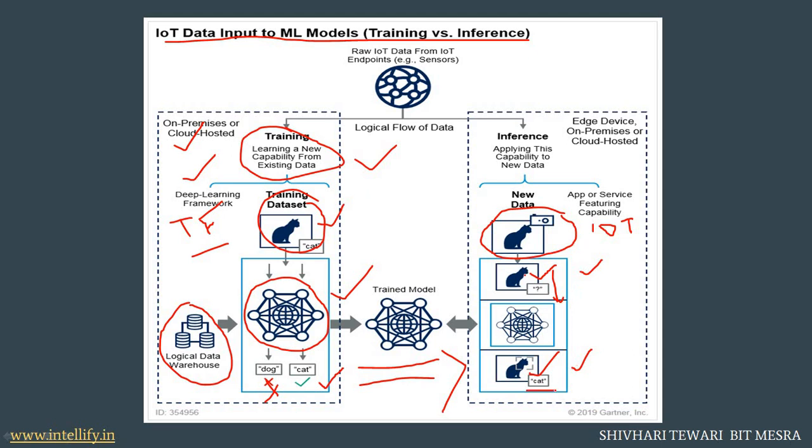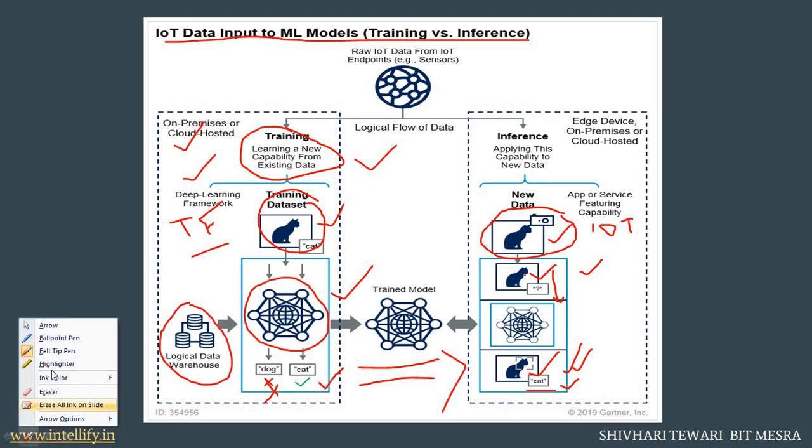If this pattern does not match the installed training dataset, in that case it will not give you a correct result. So this is how training differs from inference. I hope you understand the basic difference between training and inference until now.